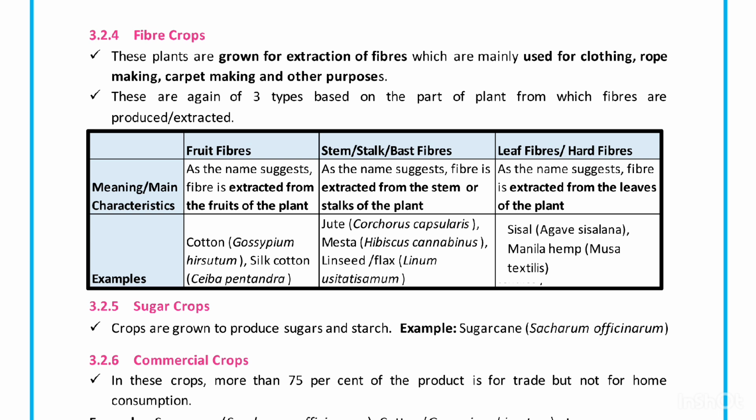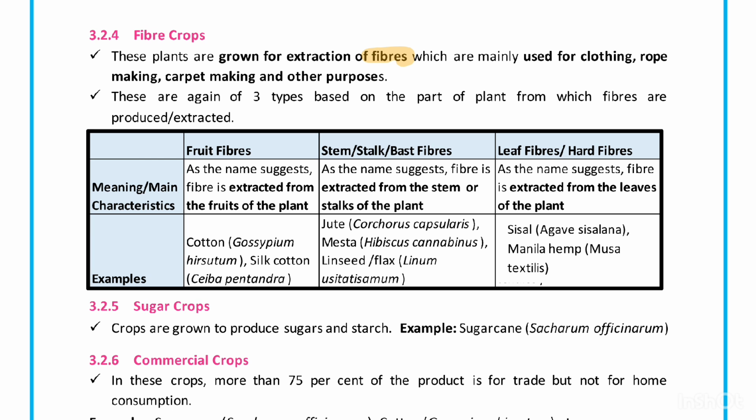Next one is fiber crops. As the name suggests, fiber crops are those crops from which we are extracting any kind of fibers. You might have heard that cotton is extracted from the cotton plant.